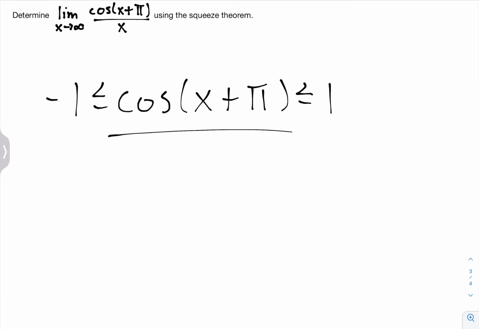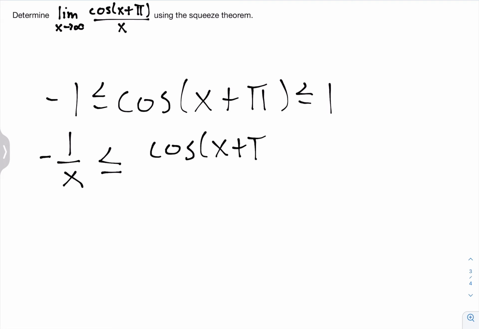It's not just cosine of x plus pi, it's cosine of x plus pi times 1 over x. So we're going to take this -1 and multiply it by 1 over x, which is really just dividing by x. Then we're going to add our 1 over x here, so it's going to be cosine of x plus pi over x, which is what we had, and that is less than or equal to 1 over x.